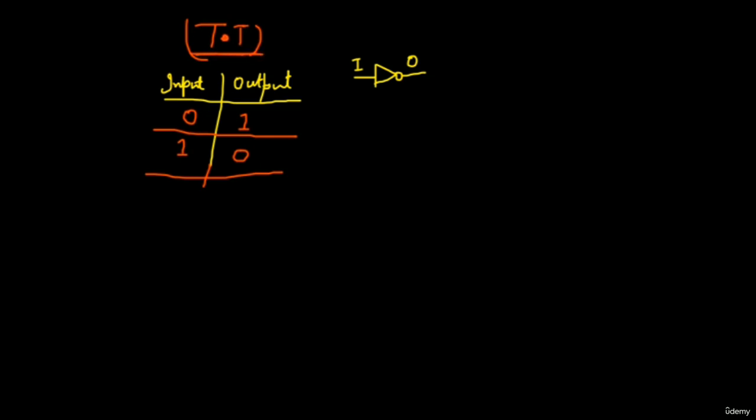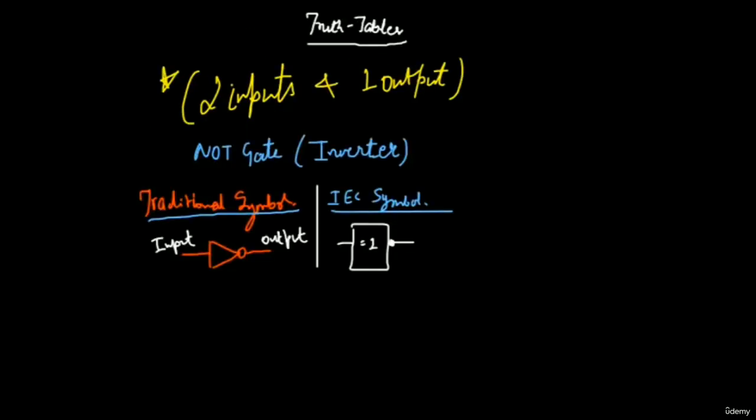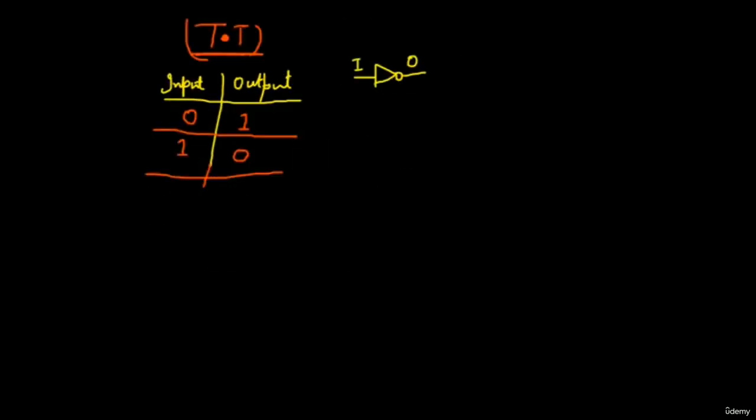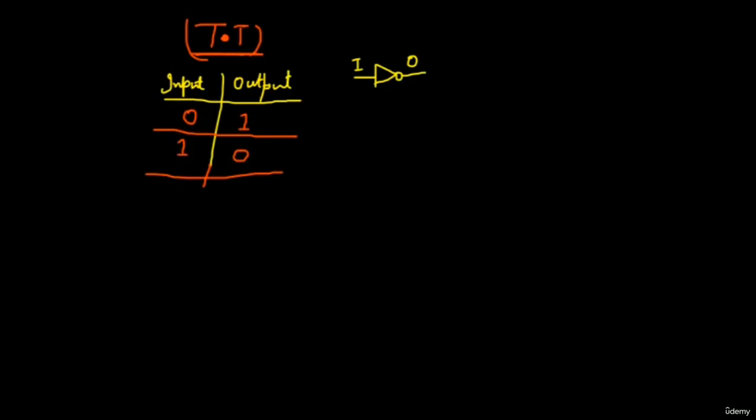Now let's proceed to the next level where we are going to learn about the AND gate. Well, one last thing I would like to mention here, that you can write it like this: Y is equals to A bar.